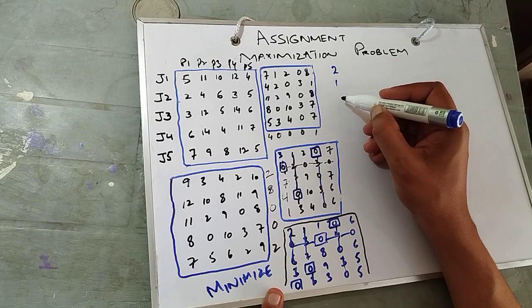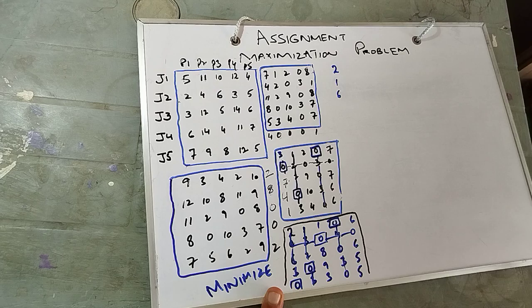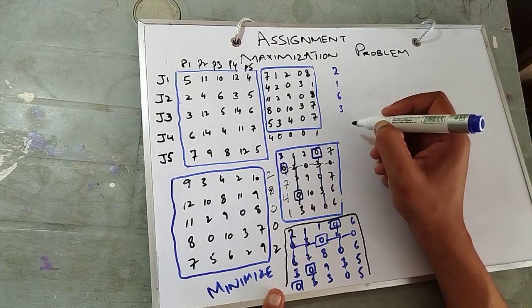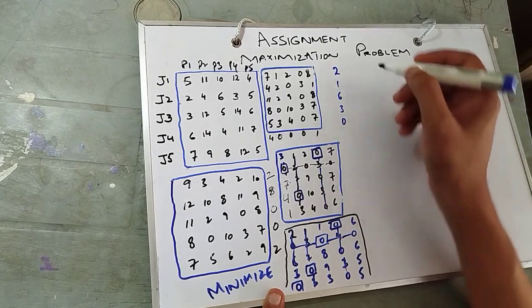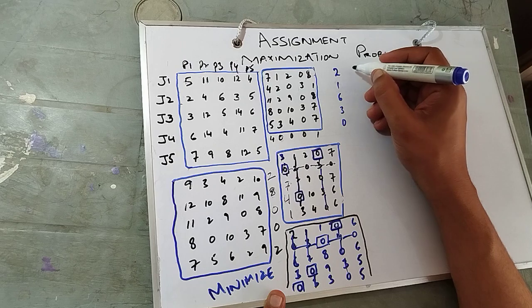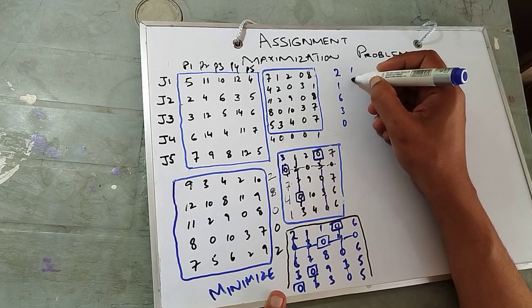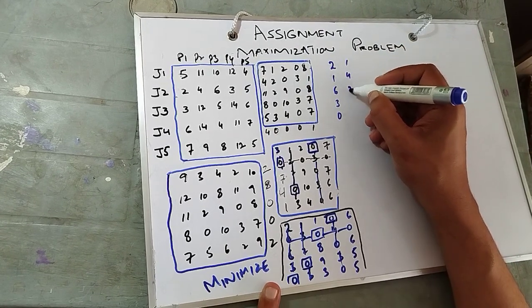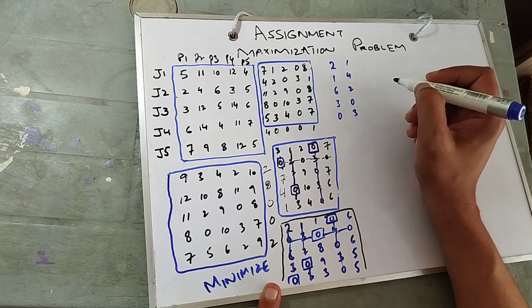Increased by 1, and 6, 3, 0. So you see 1 4, it was at the intersection. 2 same, 0 same, 3 same.